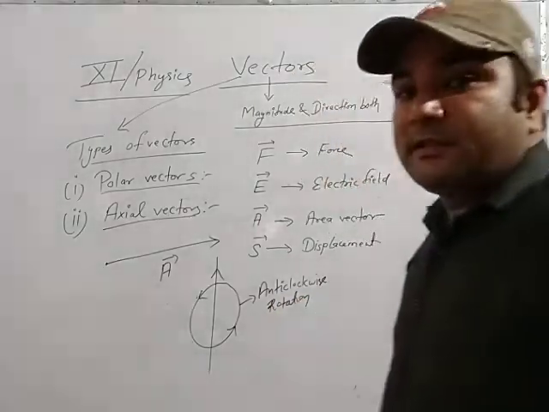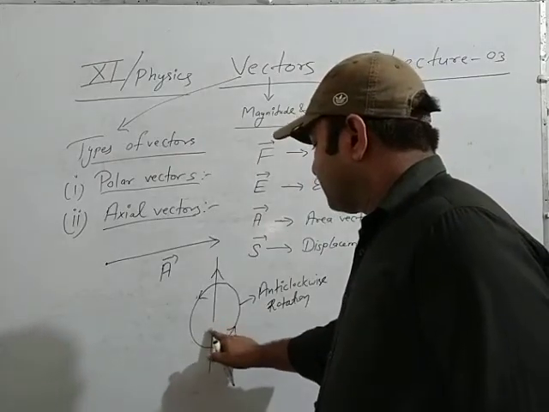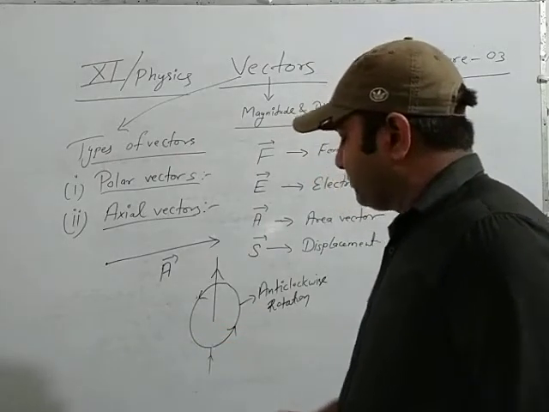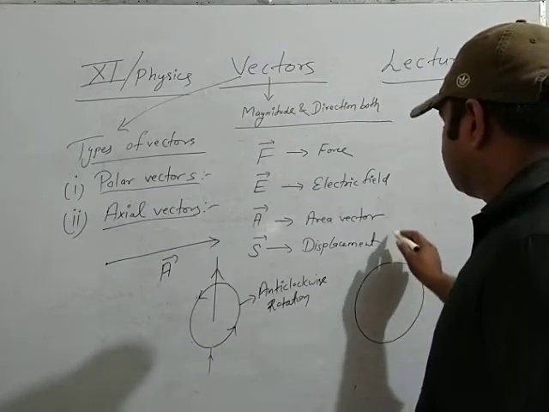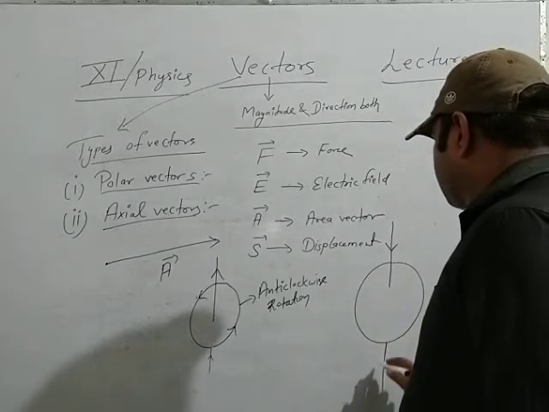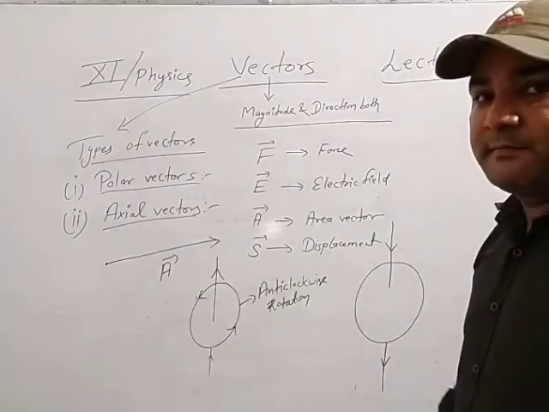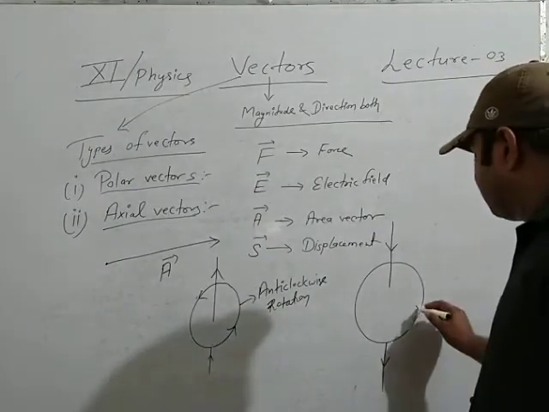And when the vector direction is downward, in this way, then the effect of rotation will be in the clockwise direction.